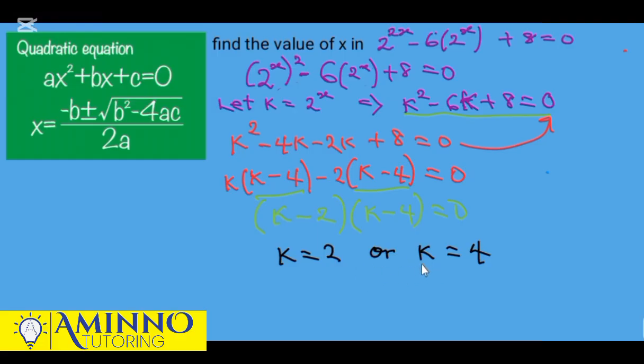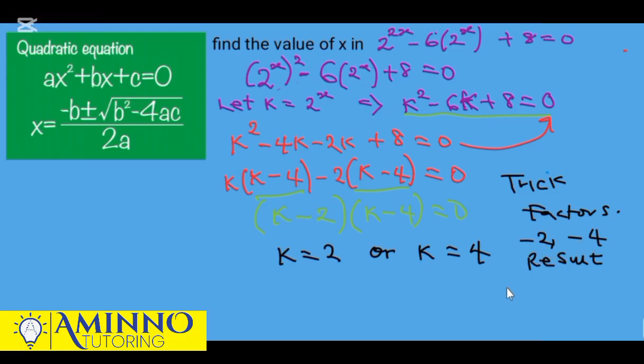Now, it doesn't end here. Now look at this. Look at this trick. If you're able to get your factors, which in this very case, we had -2 and -4, your result is the opposite of the factors.